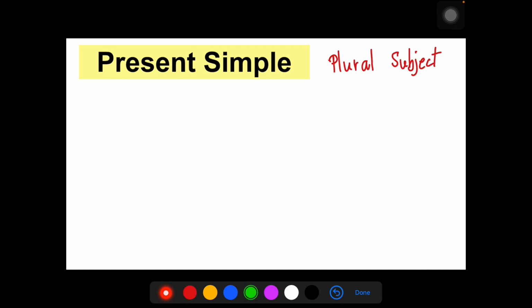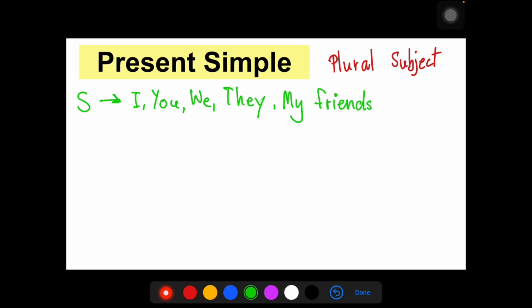Remember, the subject could be I, you, we, they as a pronoun. Or what else could the subject be? A group of nouns, more than one thing, more than one person, for example my friends, my parents, with an s, more than one.